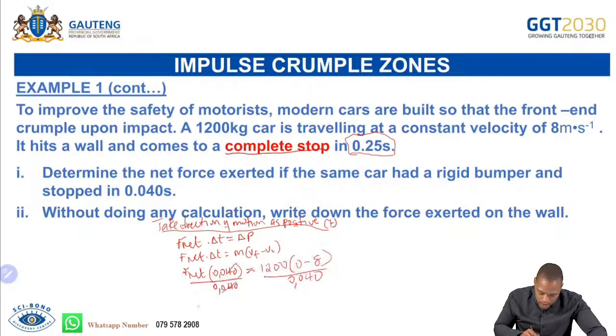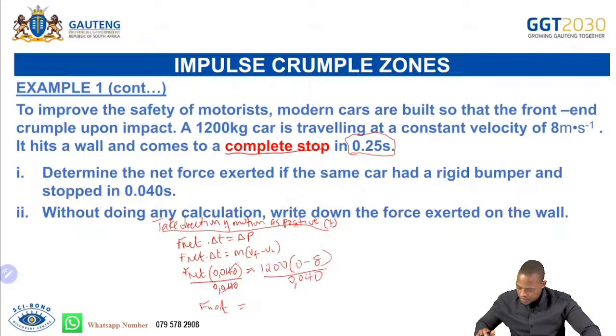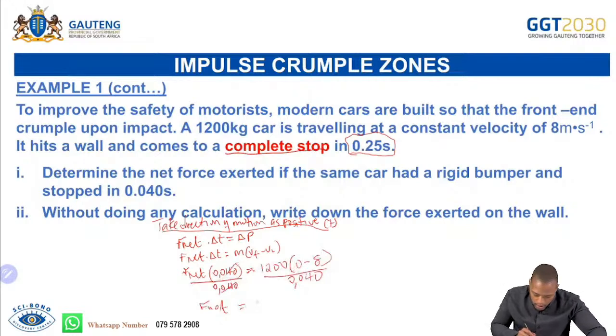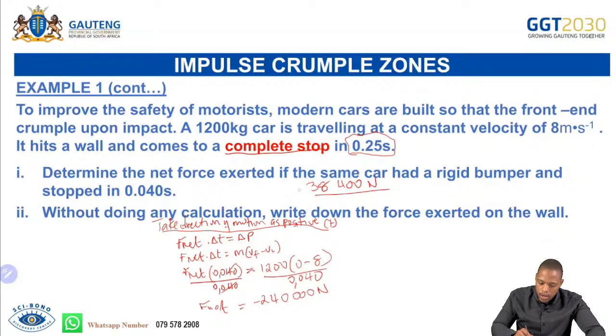Quickly to our calculator: 1,200, open bracket 0 minus 8, close the bracket, all over 0.040. This should give us negative 240,000 newtons, compared to, if you remember, 38,400 newtons on the previous slide.